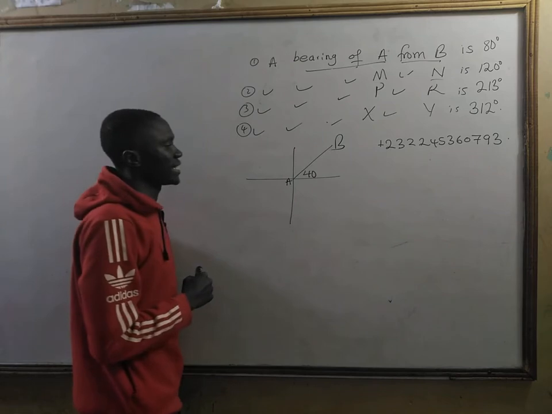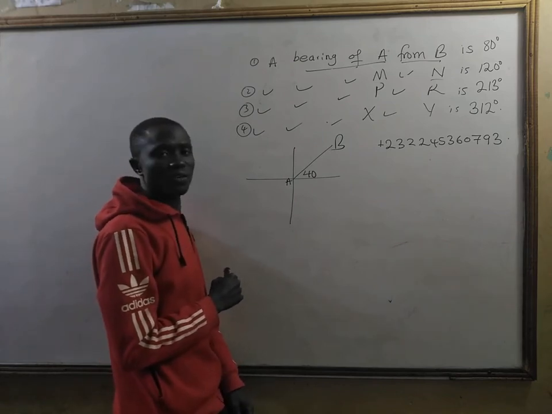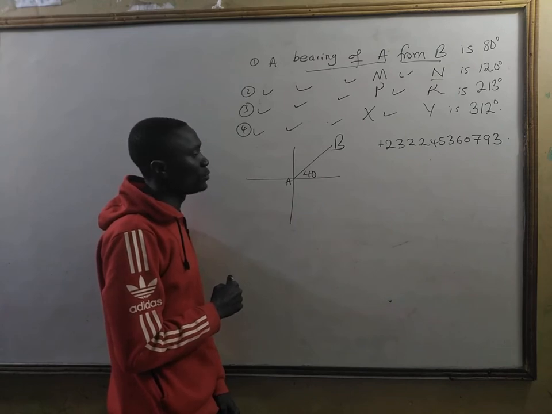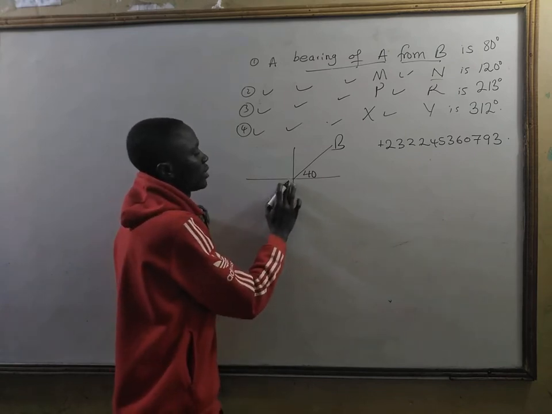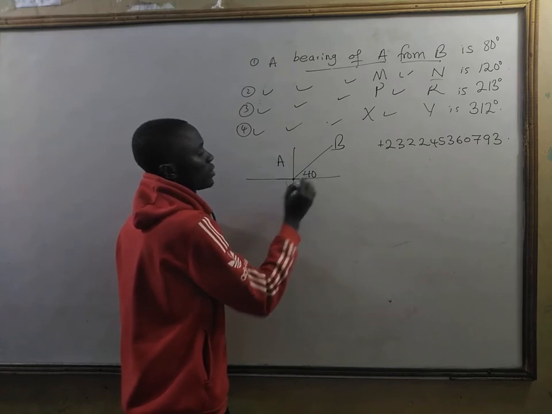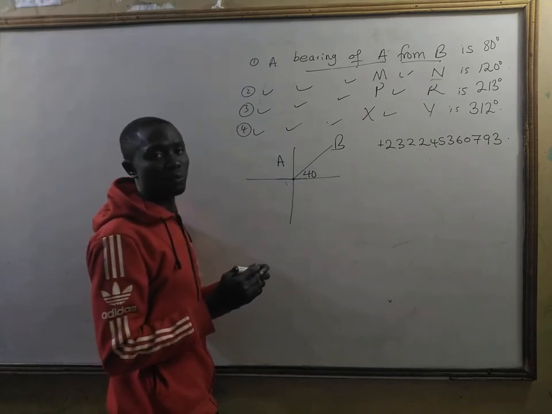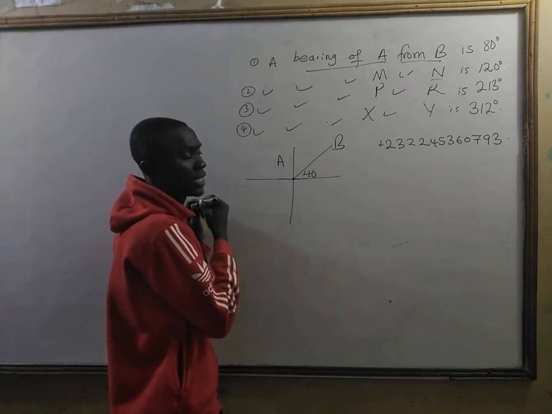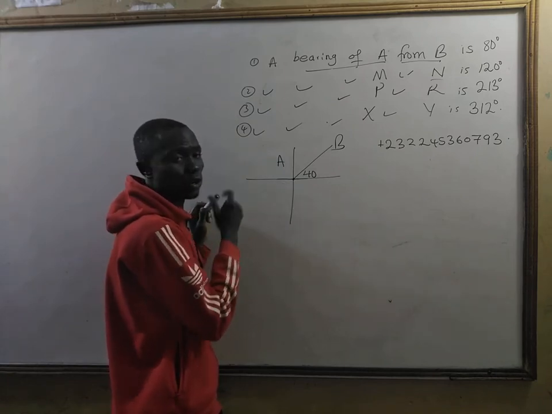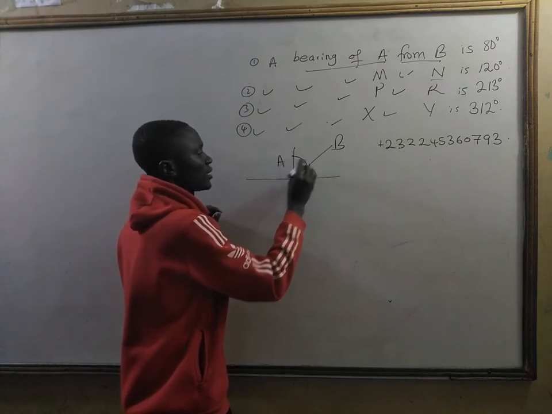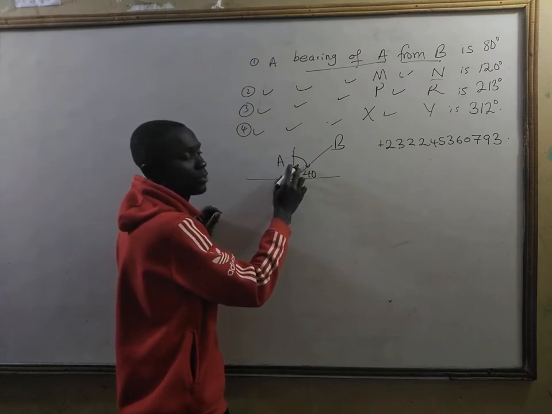So here, what is the bearing of B from A? Let me put A here, because A is the point here. What is the bearing of B from A? So if I want to measure the bearing of B from A, I have to go and stand at the geographical north of A. And this is the north of A. Then I come to this side. I don't know this angle, but I know this one.